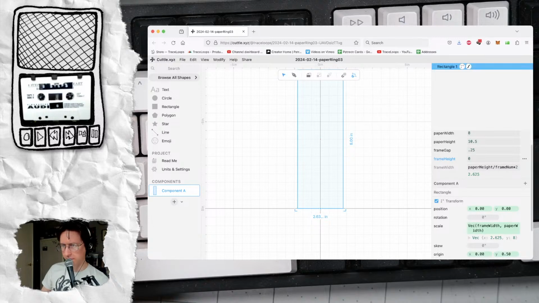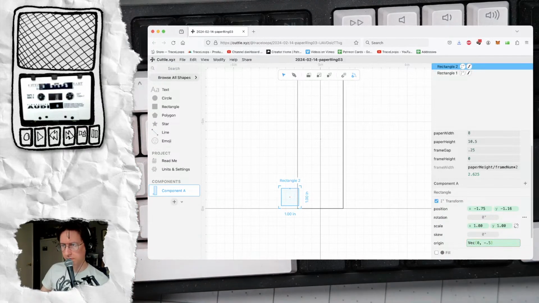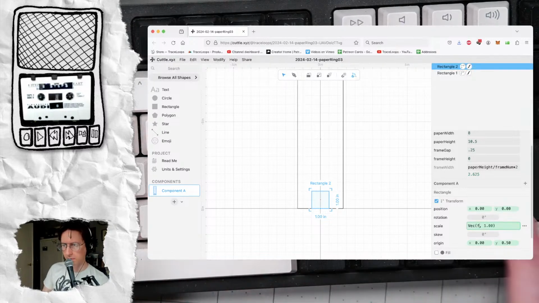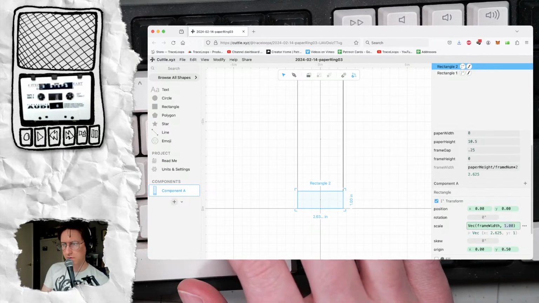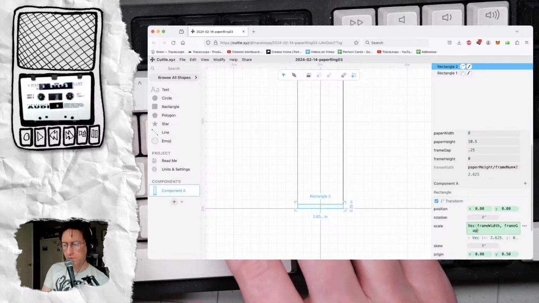I will have one of these that's going to be 0.5. Position is 0, 0. The scale is frame width, and the height is frame gap times 2.